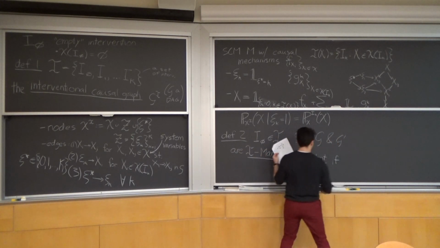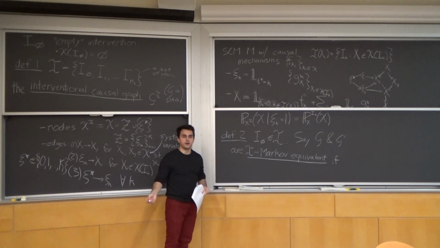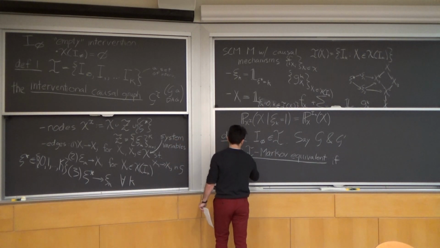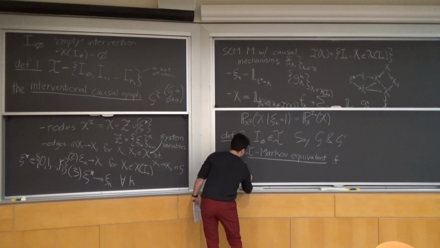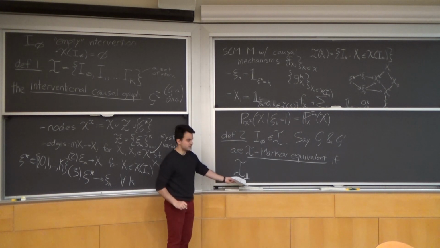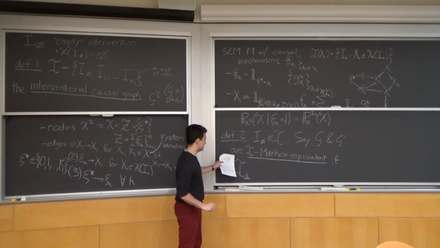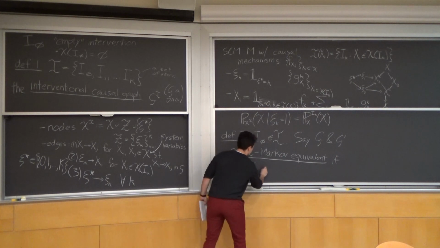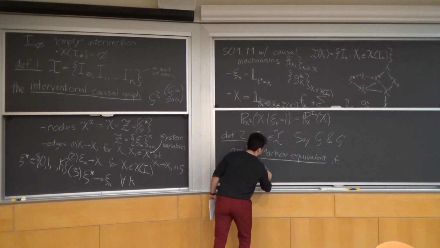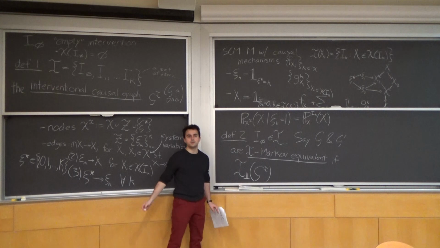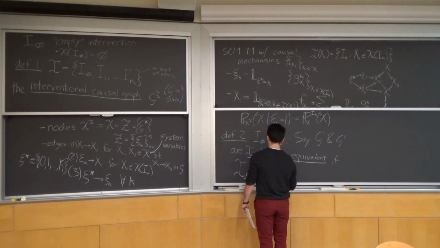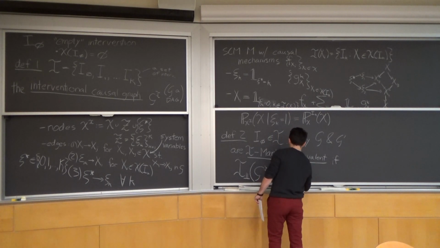If their interventional graphs now have the same set of d-separations. This is why I had this independence symbol down here, so that this is referring to the thing that gives you the set of d-separations, and this calligraphic I is the set of interventions. So we want them to be equal, and then we'll call them I-Markov equivalent.